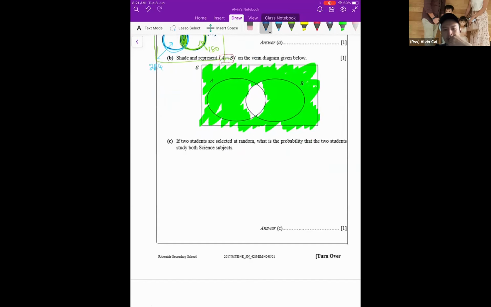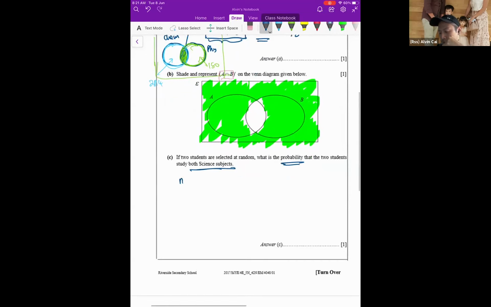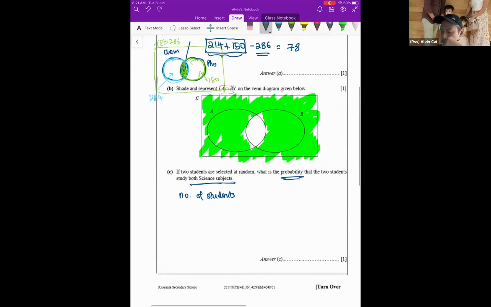So the next question involves probability. There are two students selected at random. Both study a science subject. The number of students that study both science subjects, of course, you must get the part A answer correct, is 78. And the total number of students is 286.